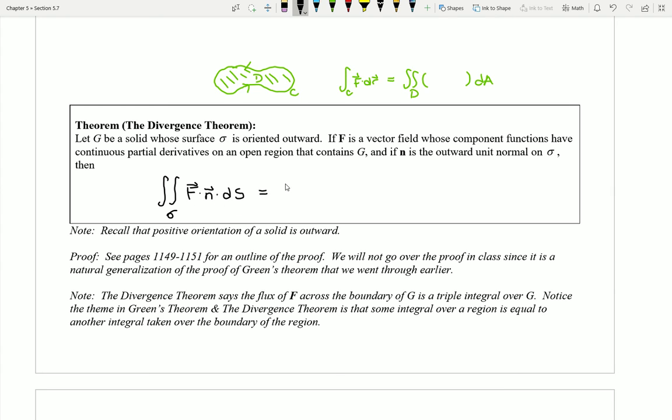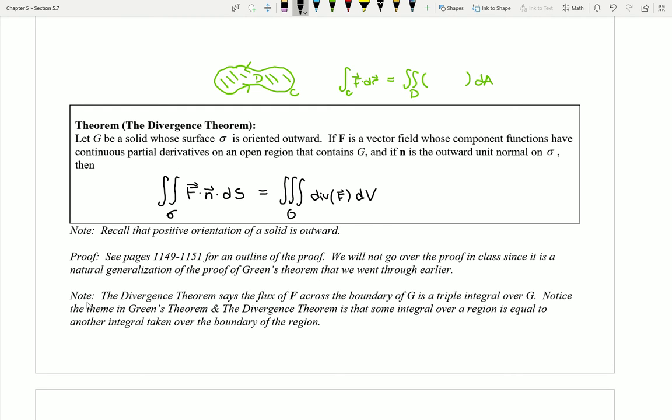And then we can say that's actually going to be equal to a triple integral over G. Again, G is like the D. It's the region that's enclosed by that closed surface. So a triple integral over G, and the fancy function that we're going to use is the divergence of F. So this is a connection between a flux integral and a triple integral.